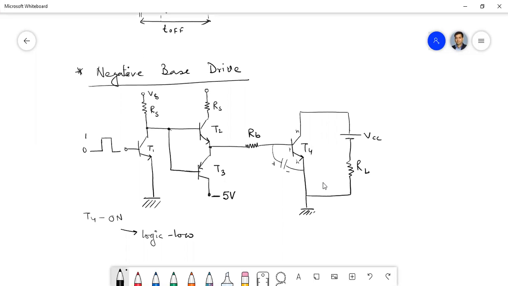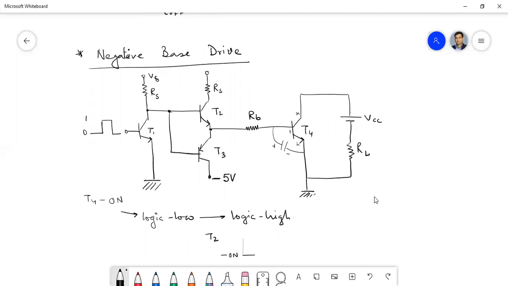And when we are switching off, we are going from logic low to logic high, isn't it? So once this goes from logic low to logic high, what will be the changes in this configuration? What about the T2? For this logic low level, T2 is on, isn't it?